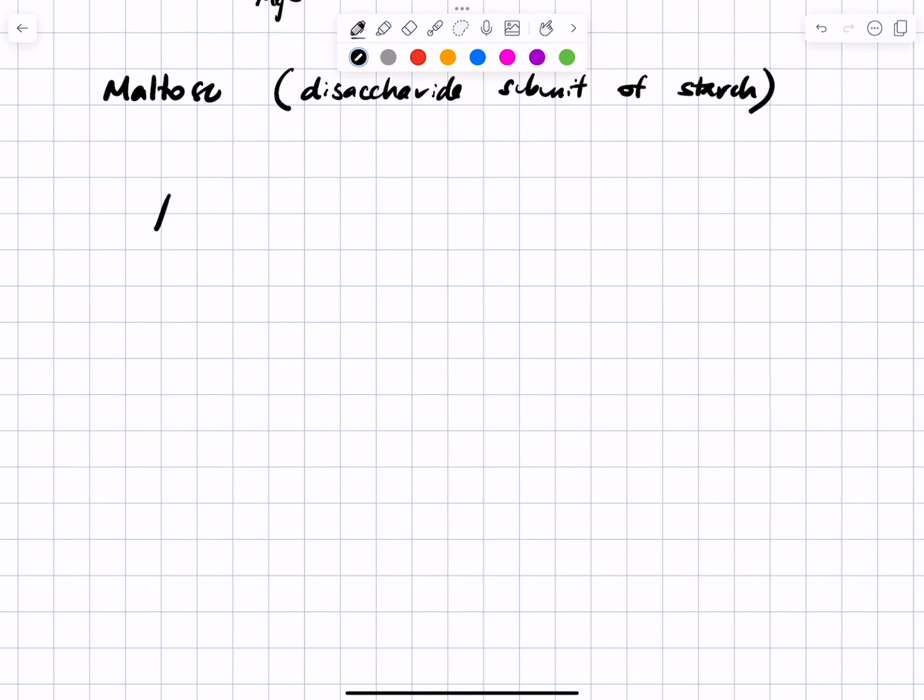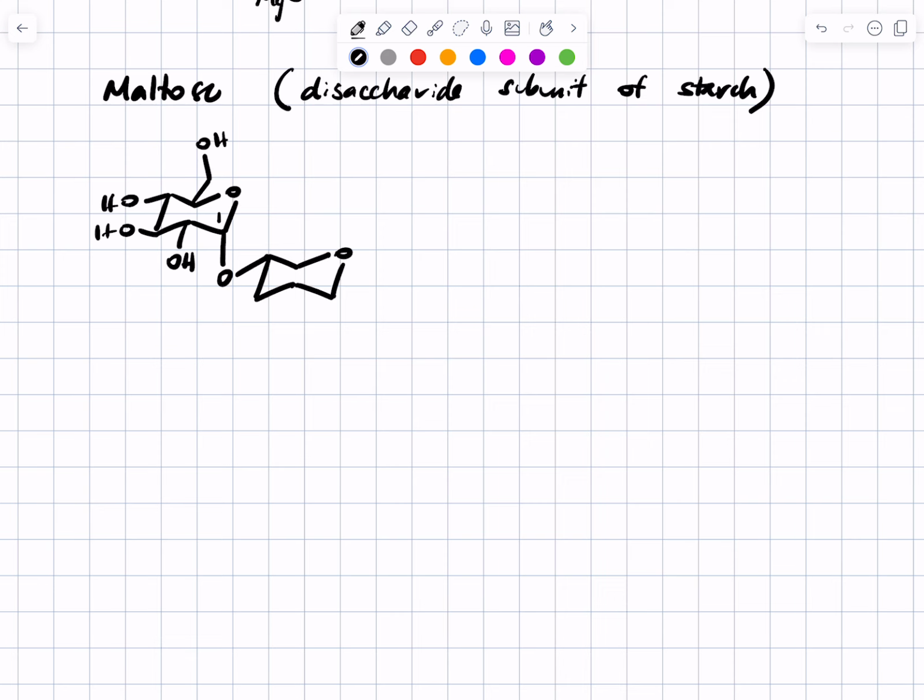All right, so here it involves, again, just glucoses. We'll just draw glucose here with its C2, 3, 4, and 5 groups on it. Then C1 is going to be the alpha anomer. And then the oxygen involved in this disaccharide is going to come from C4 of the next glucose subunit.